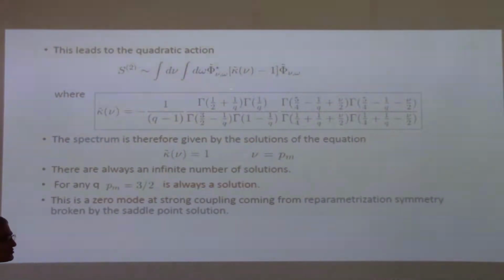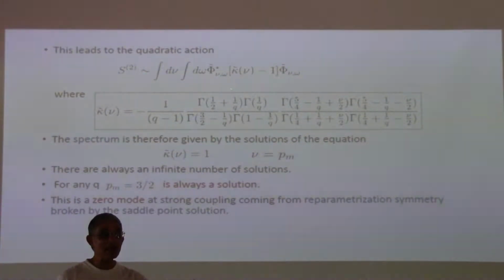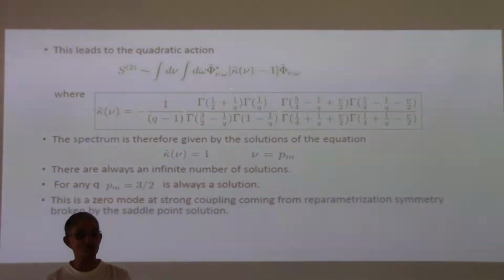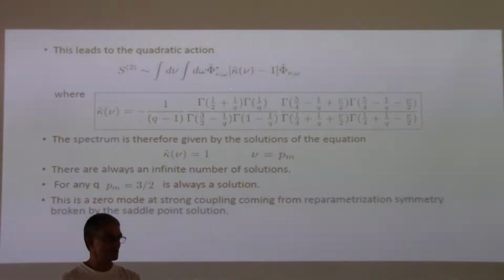The reason is that you started out with a theory which had a full reparametrization invariance, which included conformal symmetry. And the saddle point, of course, spontaneously breaks that symmetry. So therefore, if I expand around a saddle point, I am going to get a zero mode, which is exactly a zero mode in the strong coupling limit.